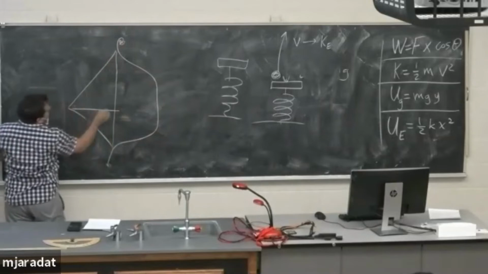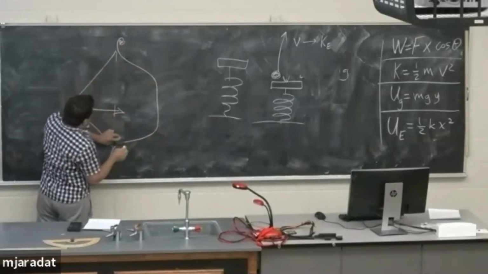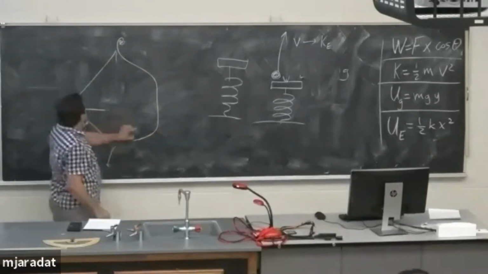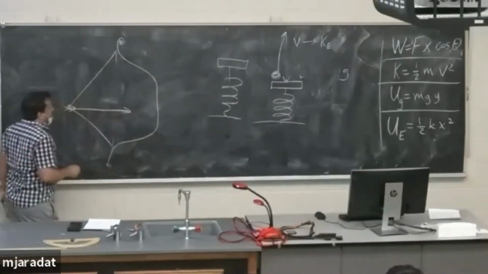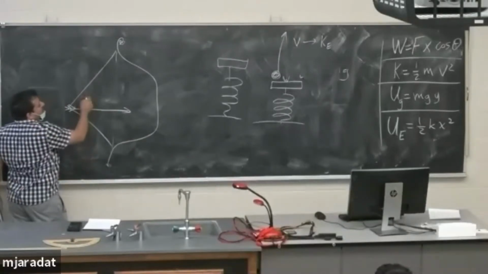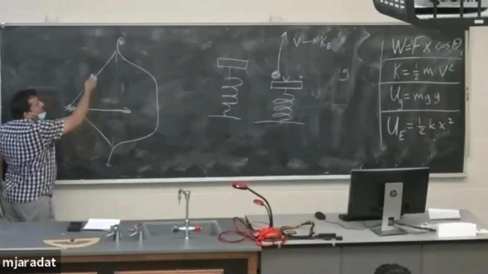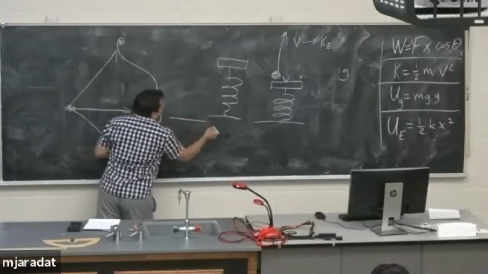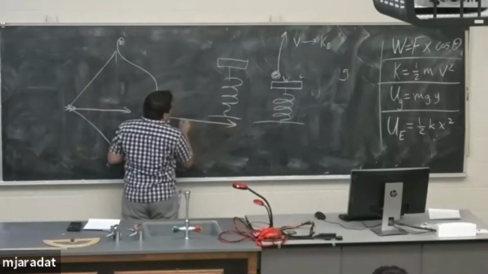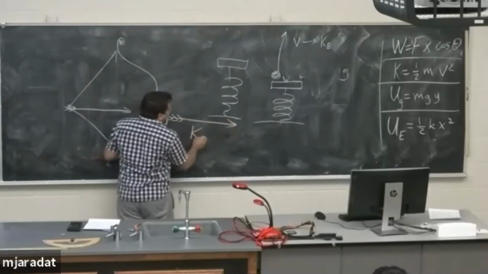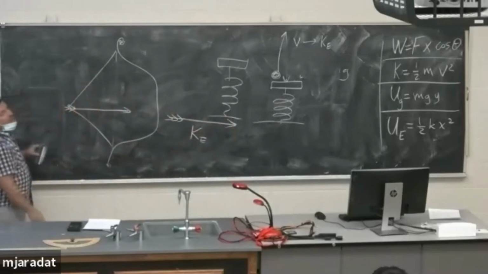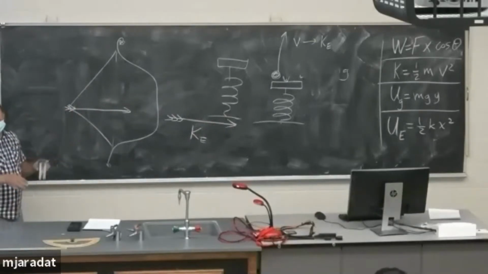When we pull it and then release it, the elastic potential energy will be given to this string to become kinetic energy, because it has a velocity now. So the elastic potential energy is used many times in our life.